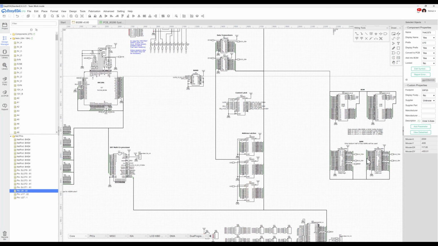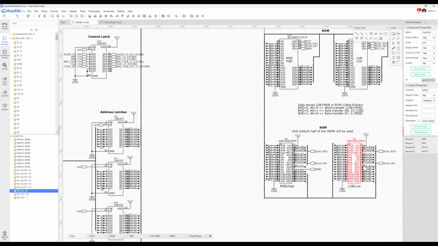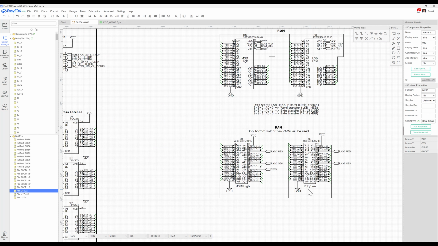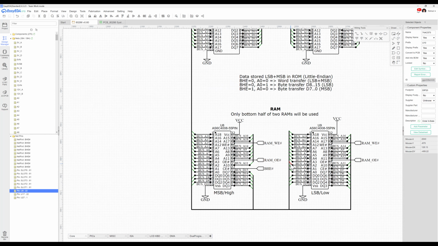I went back to my schematic and started looking at it, seeing, okay, if I want to troubleshoot this, when are these 2 RAM chips, the high and the low, basically enabled? They both have the same write enable signal. So I figure, if I'm writing to one but not the other correctly, it's probably not that signal.